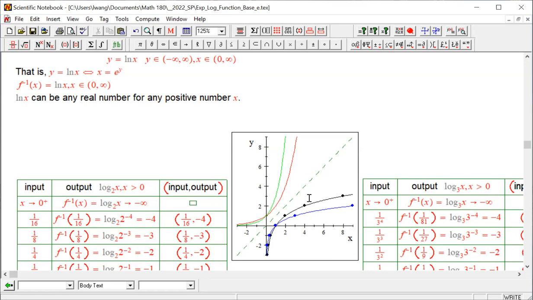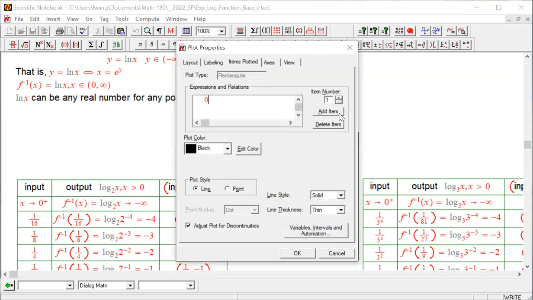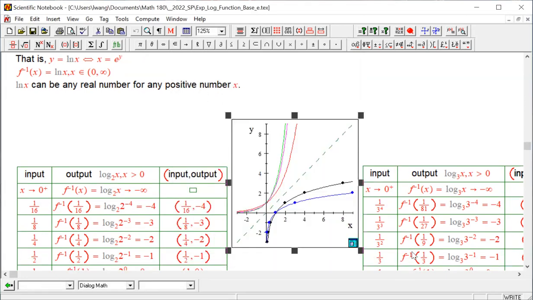We already have e to the power x, so we're going to bring e to the power x into the picture, and that is purple. The green is 3 to the power x, the red is 2 to the power x, and the purple is e to the power x.